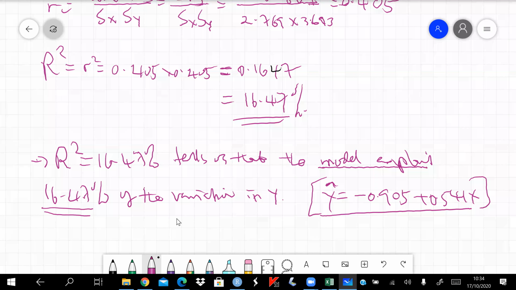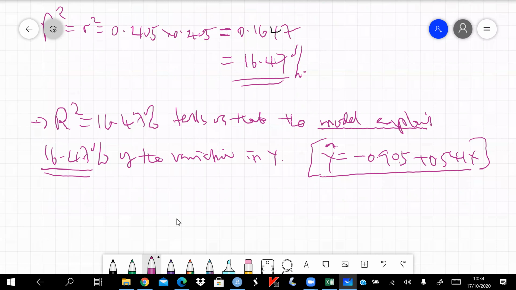So that means that the remaining percentage is explained by other factors which are not captured in the model. Okay, so that means the factors that are captured in the residual.